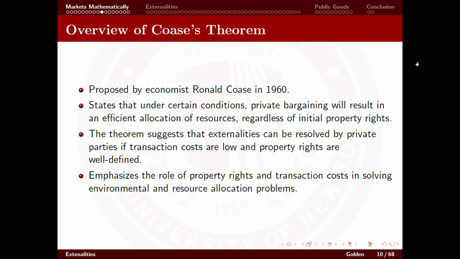The problem of externalities, which we'll talk about in a moment, is that there aren't property rights and there aren't markets. There aren't transaction costs. So pollution is really a problem of not having a market for clean air. If you had a market for clean air, you could figure out how much everyone's willing to sell their clean air for, and you can figure out exactly how much to charge for pollution.